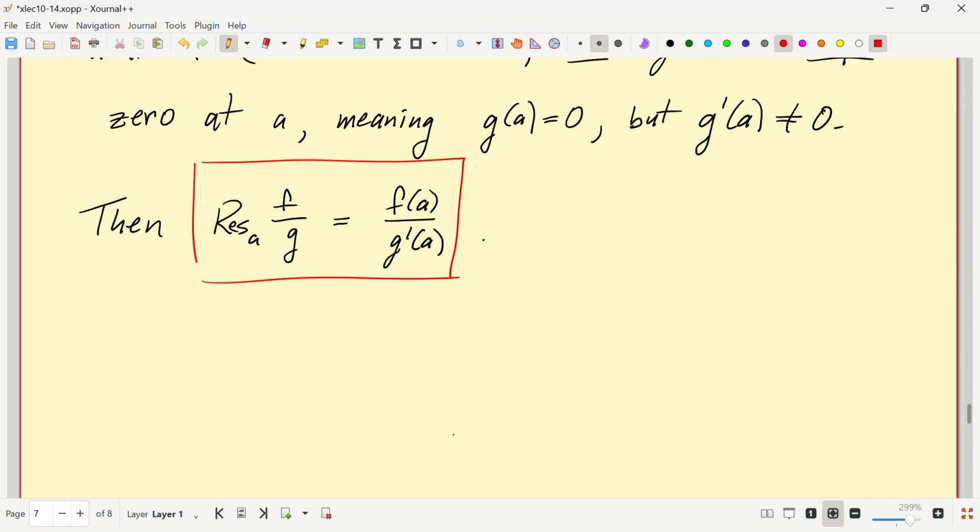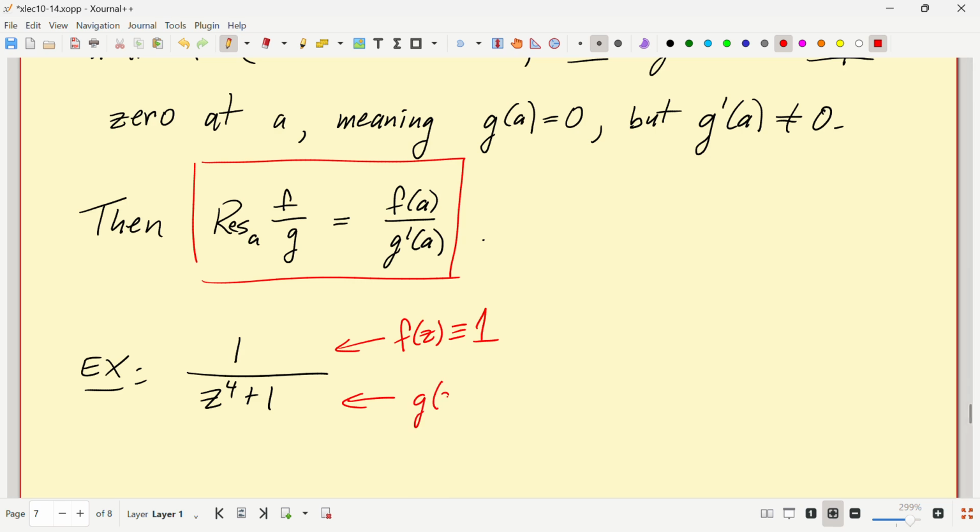And so, for example, if you look at the thing we were just thinking about, let's write 1 over z to the 4th plus 1. The f of z is going to be 1. g of z is going to be z to the 4th plus 1.